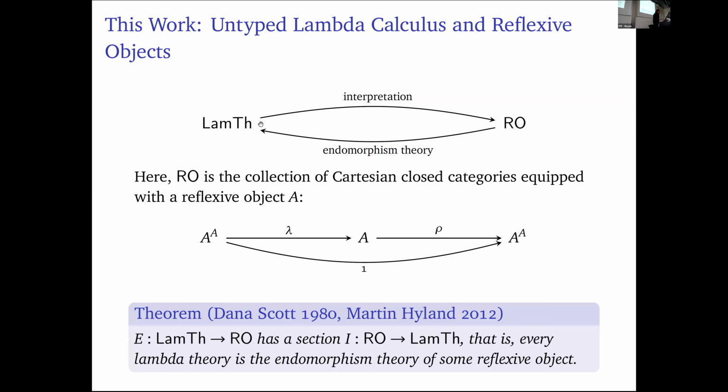That is, for any lambda theory, we can construct a reflexive object in some category such that if I take the endomorphism theory of that reflexive object, I come back to the same or an isomorphic lambda theory. This is not an equivalence, but at least it's a section retraction pair between untyped lambda theories and reflexive objects.